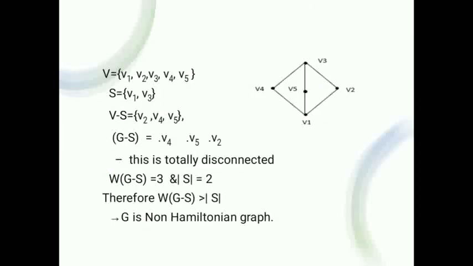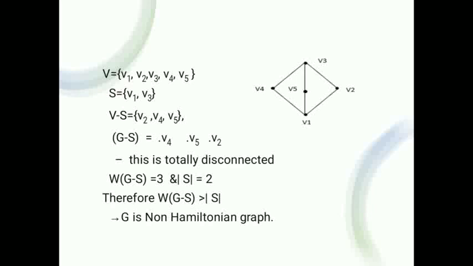So this is the graph I have taken. This is called the theta graph. In this theta graph, we have 5 vertices, V1, V2, V3, V4 and V5. Here I have taken S equal to the vertices V1 and V3. If I remove S from the vertex set V, we get V2, V4, V5.